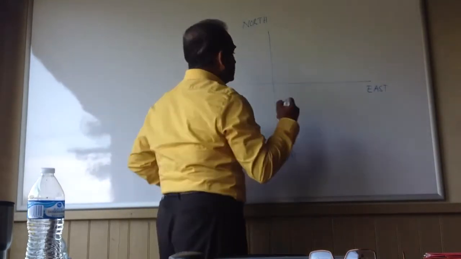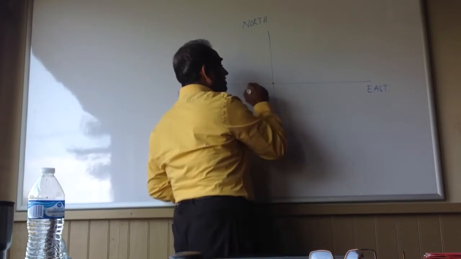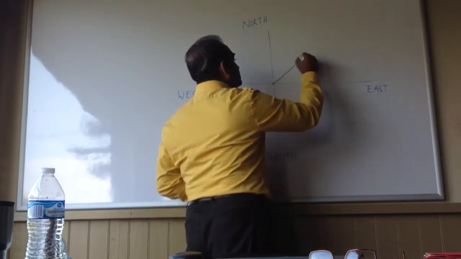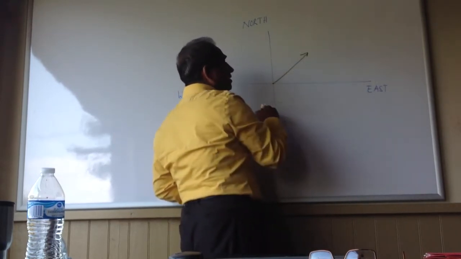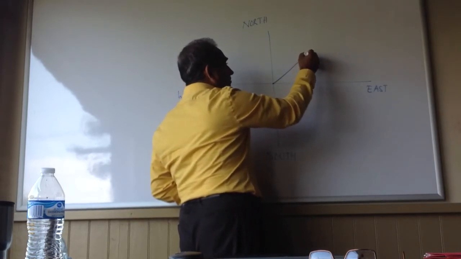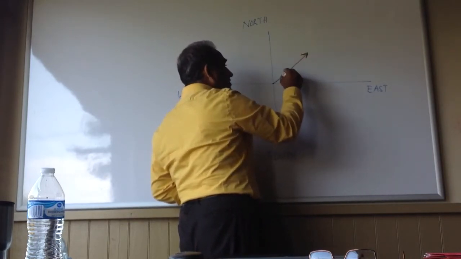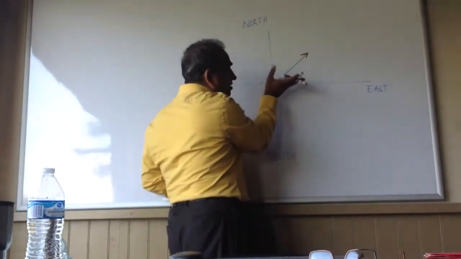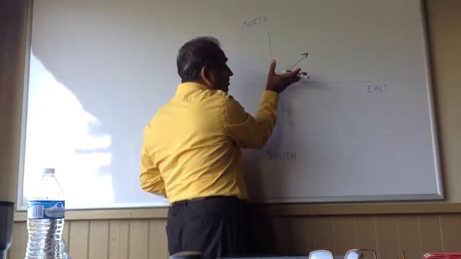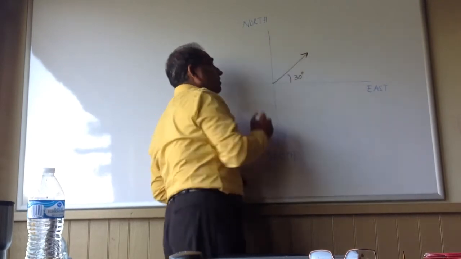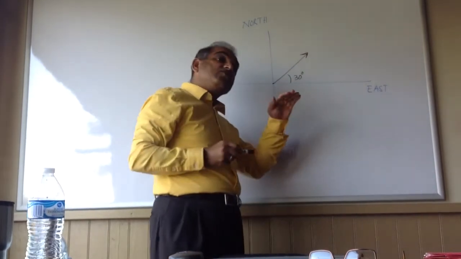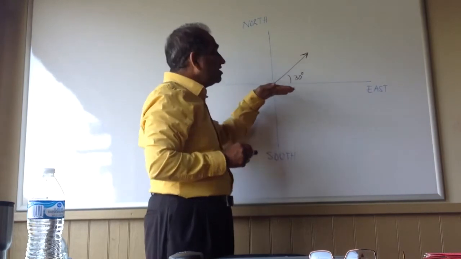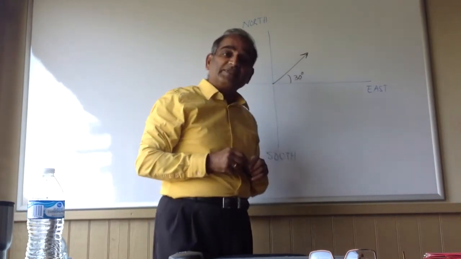What I do is I start at the origin with its tail and draw a straight line and put an arrow mark this way, and this is 30 degrees towards east, 30 degrees with respect to east and making towards north. So the vector is bending towards the north but making 30 degrees with east. This is how we represent.